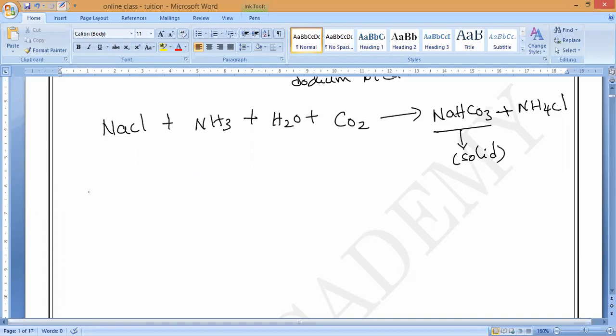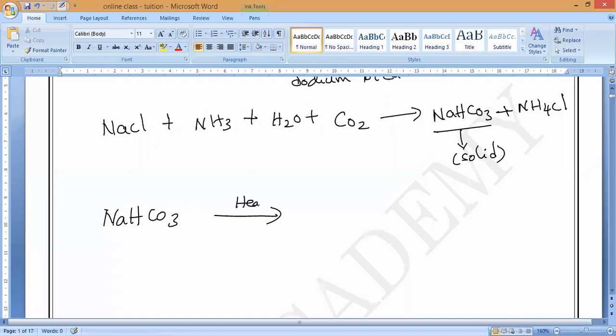And if you see the action of heat, if you heat either solid sodium hydrogen carbonate or a solution of it, it will start decomposing, thermal decomposition, and it will give you sodium carbonate, which may be a solid or an aqueous solution.